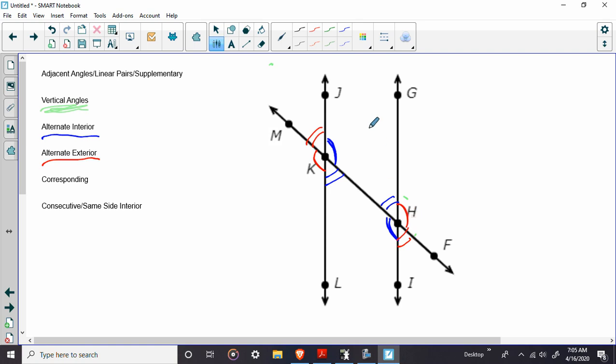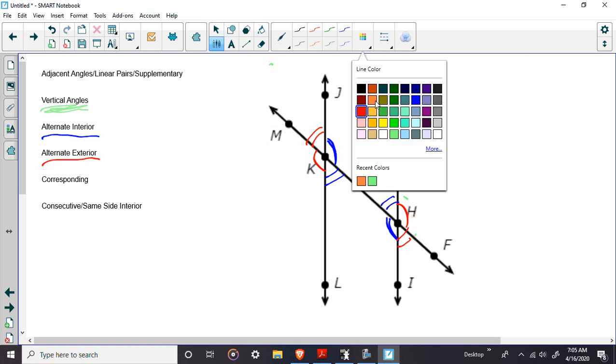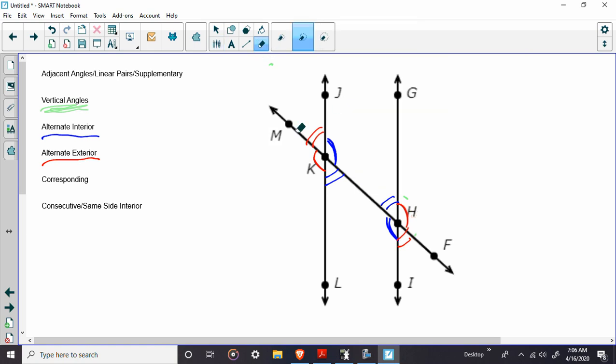And corresponding, in orange again. This one corresponds with this one, this one corresponds with this one, this one corresponds with this one, and this one corresponds with this one.